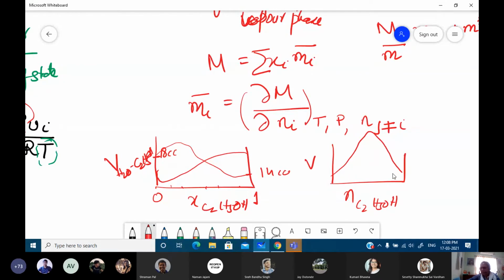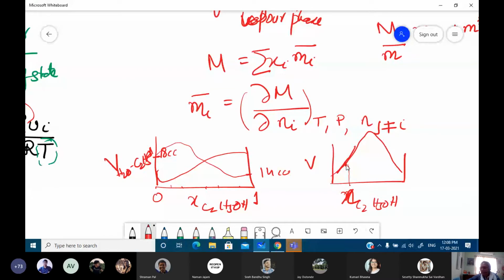So depending upon the composition, the total volume changes. Now, sorry, this is X. For any particular composition, the partial molar property is given by this, which signifies that the tangent to the curve at that particular composition gives you the partial molar property for that composition.